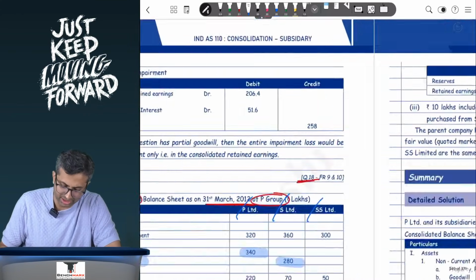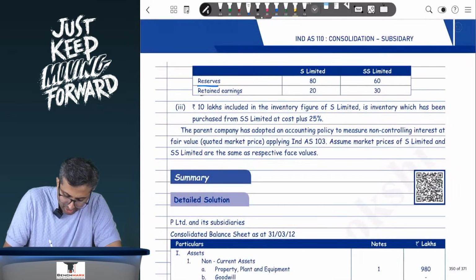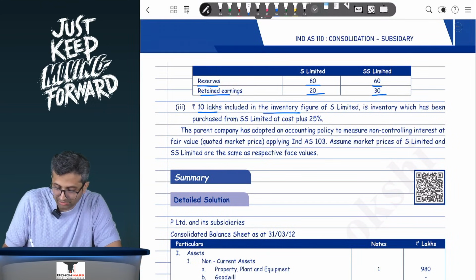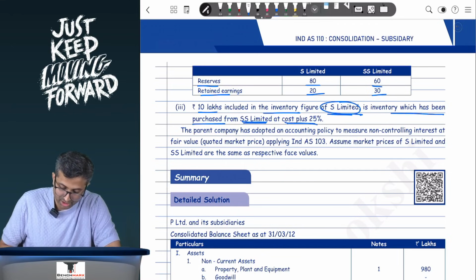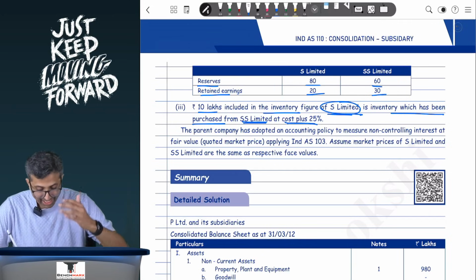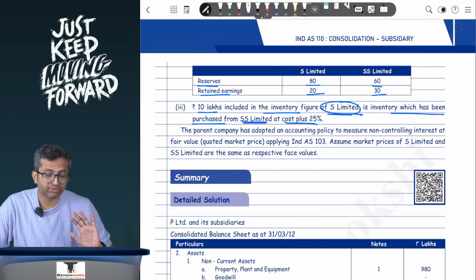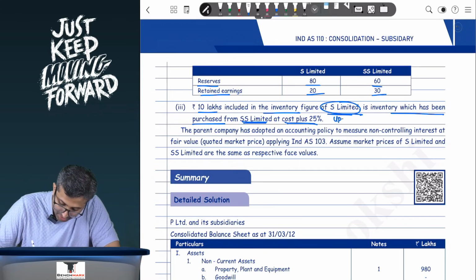of S as well as SS. There are some reserves, there are some retained earnings for S as well as SS. 10 lakhs included in the inventory figure of S is inventory which has been purchased from SS at cost plus 25%. So this is SS having sold to S, like an upstream transaction.